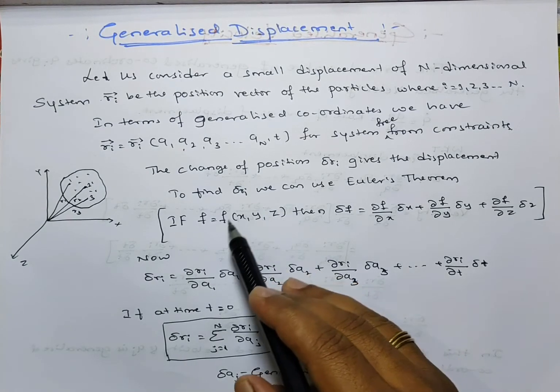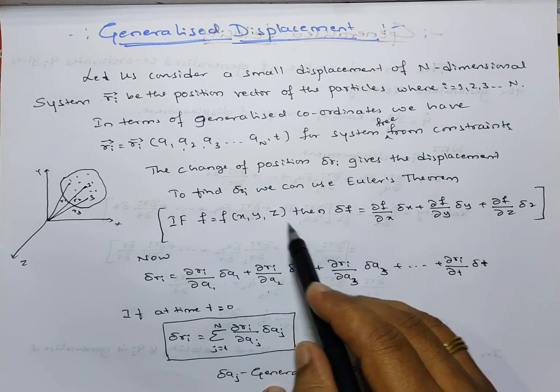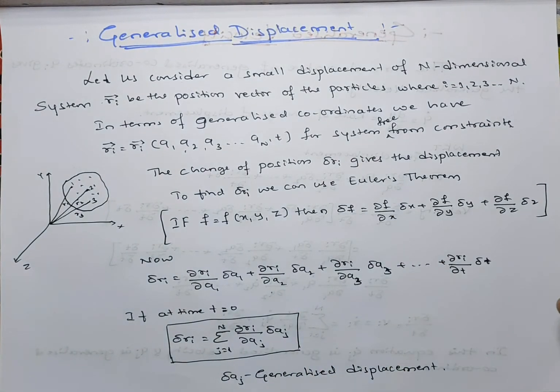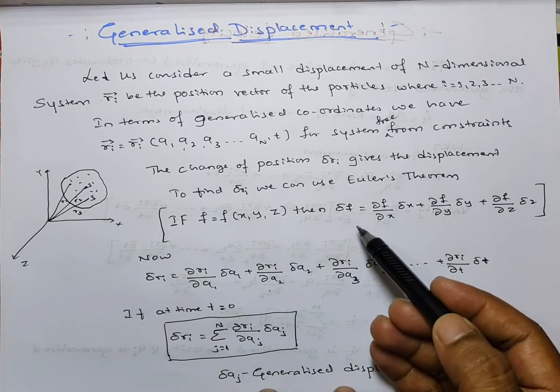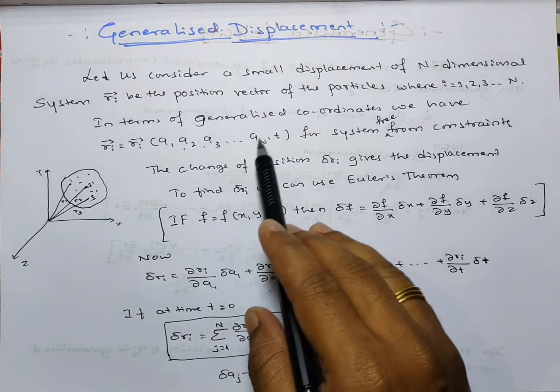That means if the function has more than one variable, then we need to solve it with the help of Euler's theorem, right? In a similar manner, I am going to apply this Euler's theorem to the generalized coordinates.